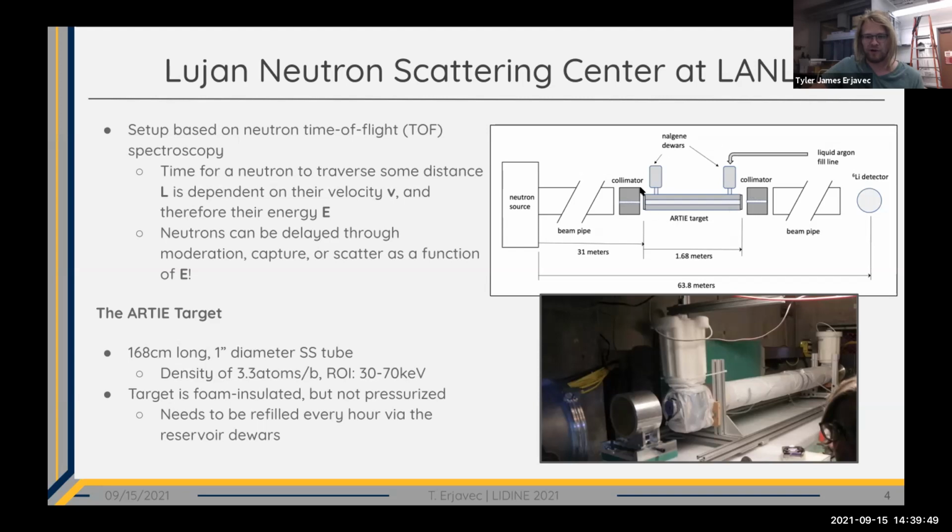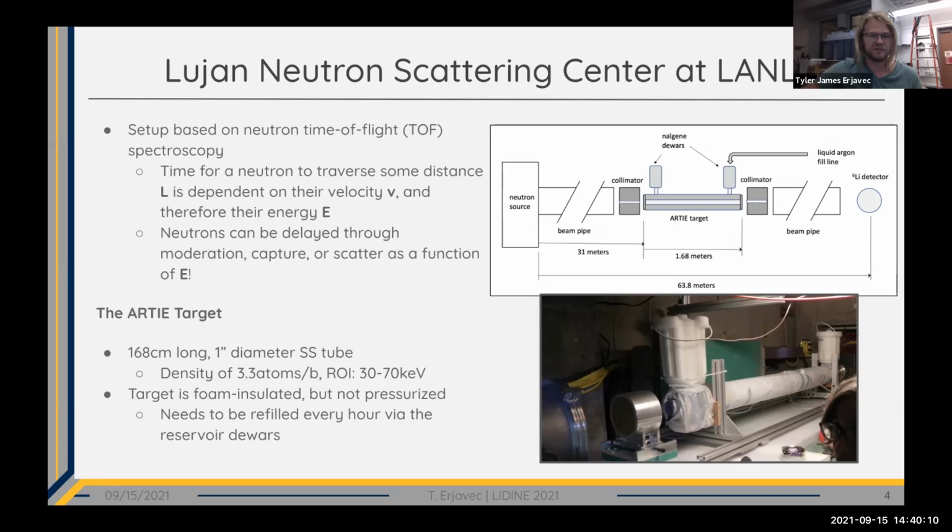Now I'll talk a little more about what our RD target, or our RD vessel, is. It's 168 centimeters long. And when we fill it with liquid argon, we have a column density of 3.3 atoms per barn. And this is specifically targeted to look at the energy range that we're interested in, which is 30 to 70 keV.